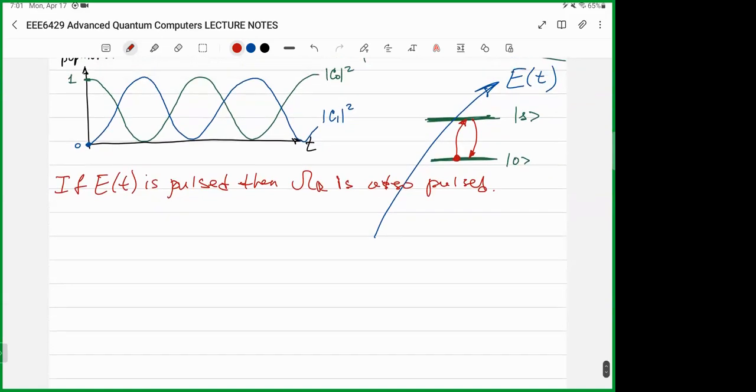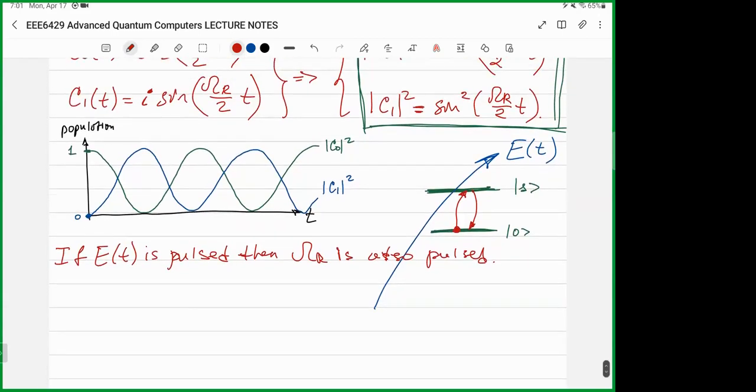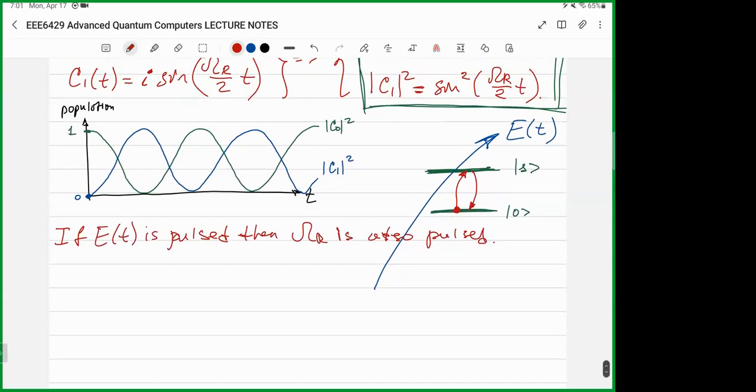And if omega R is pulsed, then I can change the duration of this pulse in order to prepare my qubit in a different state.